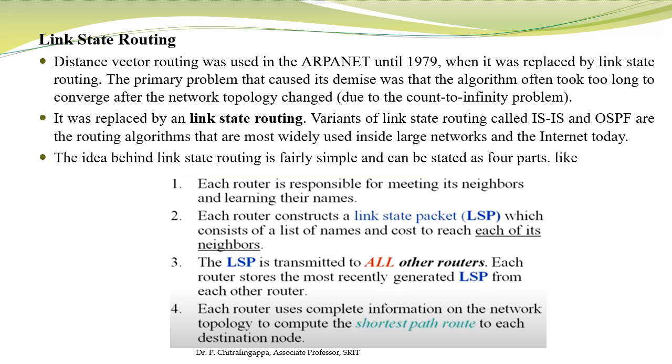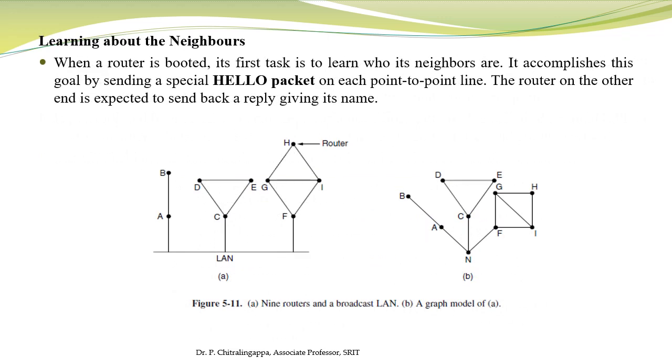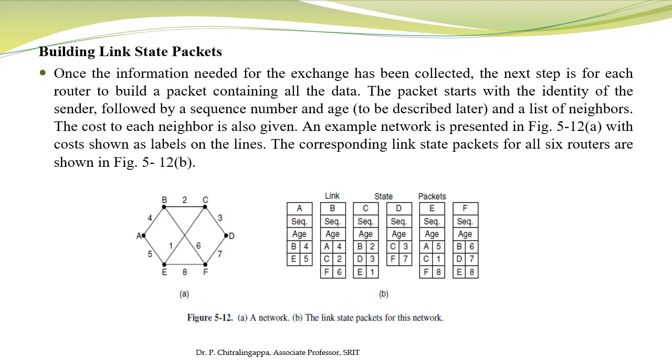Each router constructs an LSP packet which contains the list of names and costs to reach each of its neighbors. The LSP is transmitted to all other routers. Each router stores the most recently generated LSP from each router. Each router uses the complete information on the network topology to compute the shortest path route to each destination node. This is the link state routing algorithm.